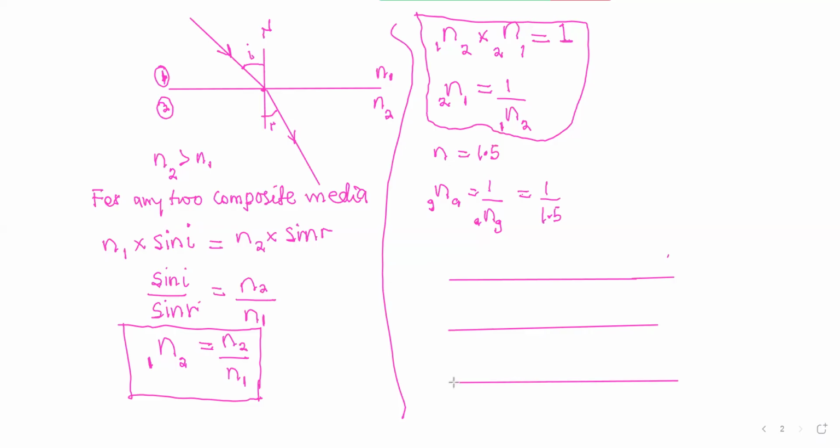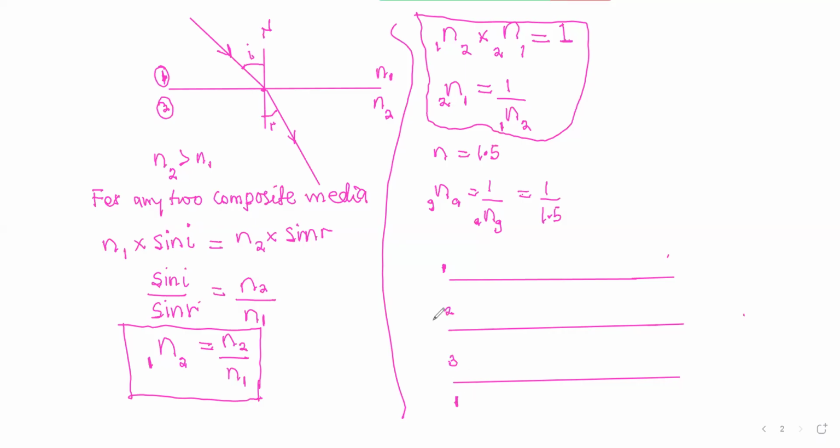The horizontal lines are boundaries or interfaces separating the 3 media. Over here we have medium 1, medium 2 and medium 3, and the last one is the same as medium 1.